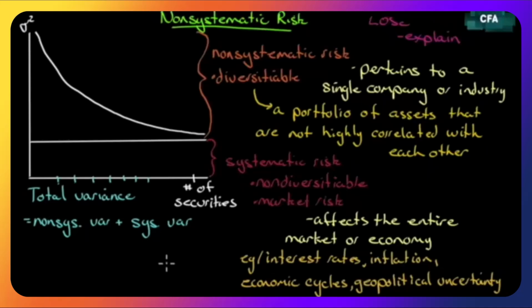Some of that variance pertains just to the stock itself, and some of that pertains to the fact that it's part of a bigger market. If the market moves, it's going to move that particular asset, whether or not there's something with the particular company that warrants the movement. If the market moves, it's going to take it with it.